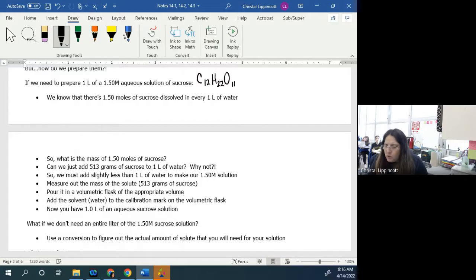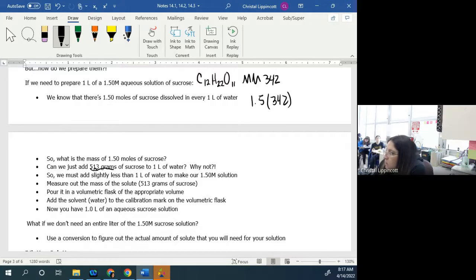Okay, so 342. The molar mass of this is 342. So if I take 1.5 times 342, that ends up being 513 grams.